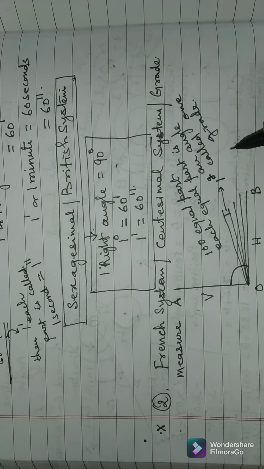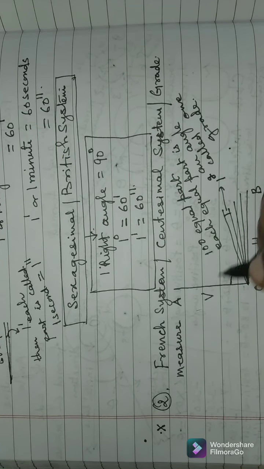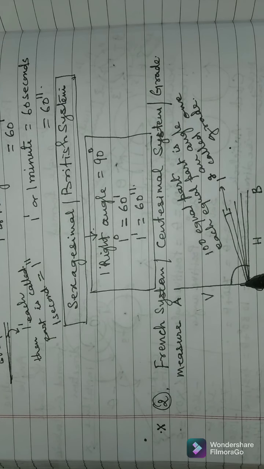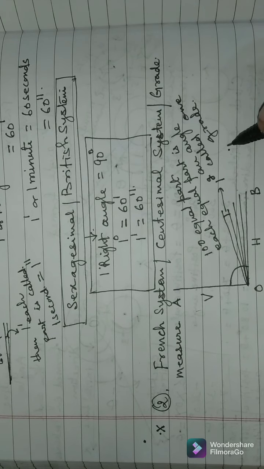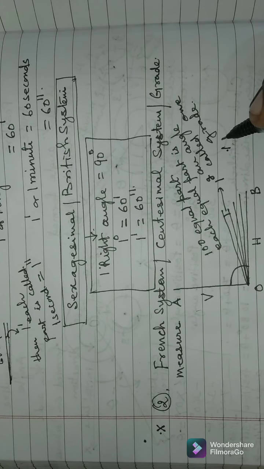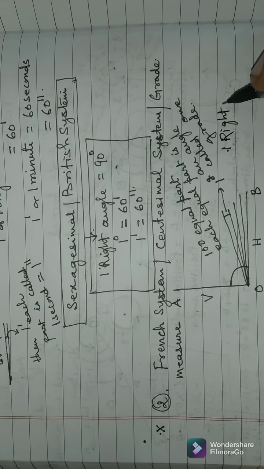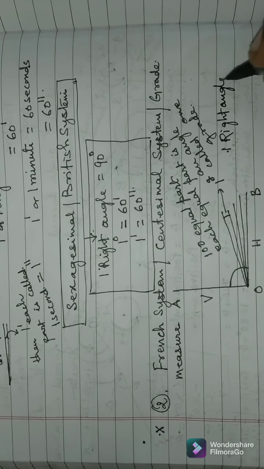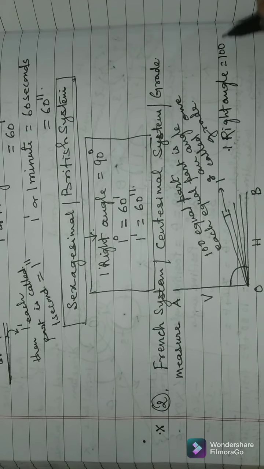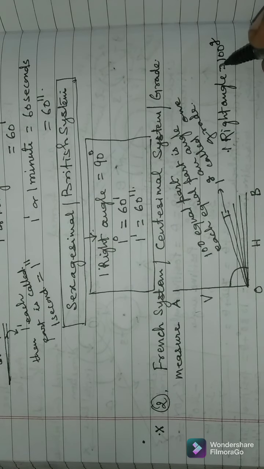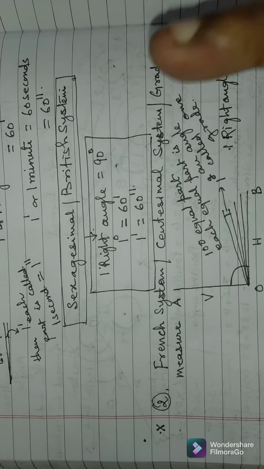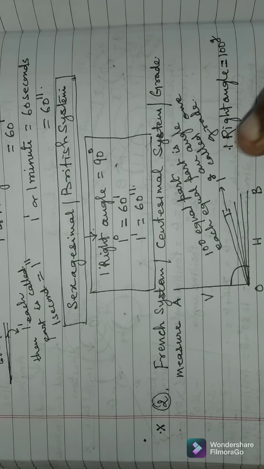So one right angle is divided into 100 equal parts. Therefore, in the French system or grade measure, one right angle is equal to 100 grades, because each equal part is known as one grade.